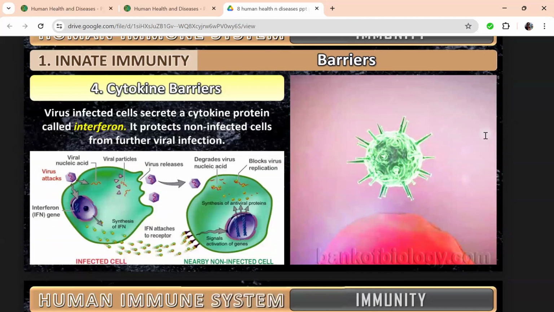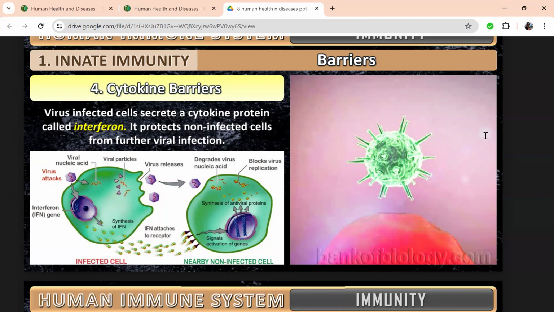Next, we have cytokine barriers. The virus-infected cells secrete cytokine proteins known as interferon. Say a virus has infected. Skin did not stop it. Physiological barriers like tears or saliva did not stop it. We could have had macrophages, which could have stopped it from entering the cells. We had WBCs, yet that could not serve.